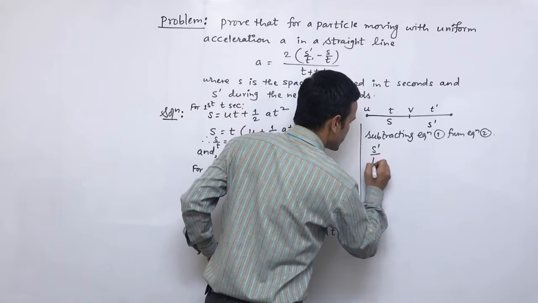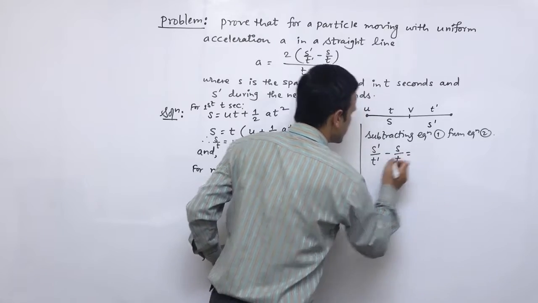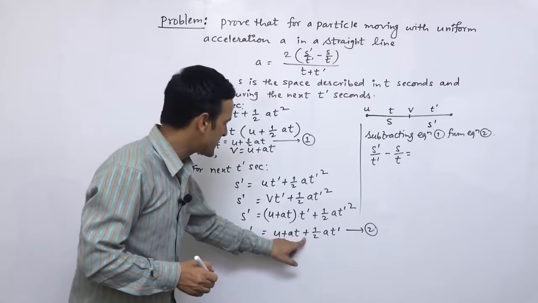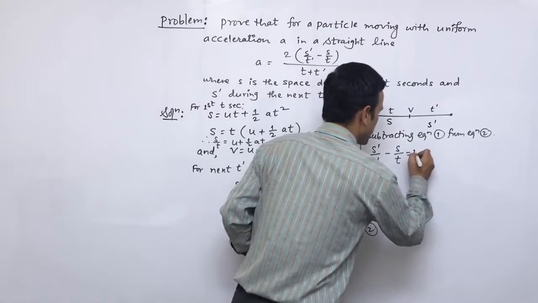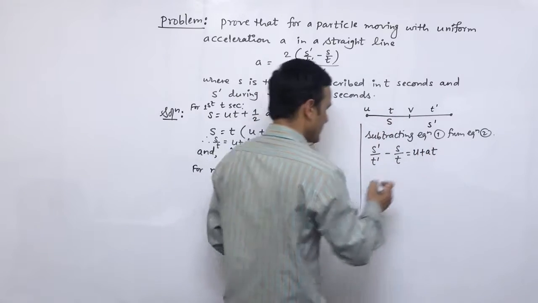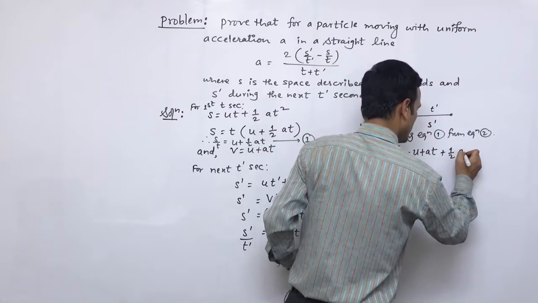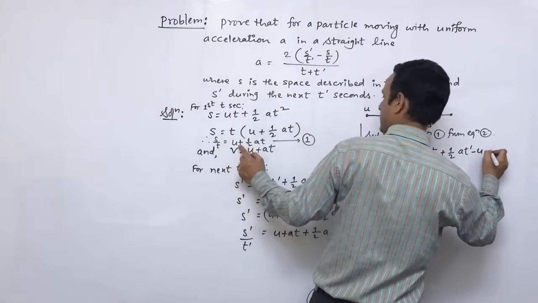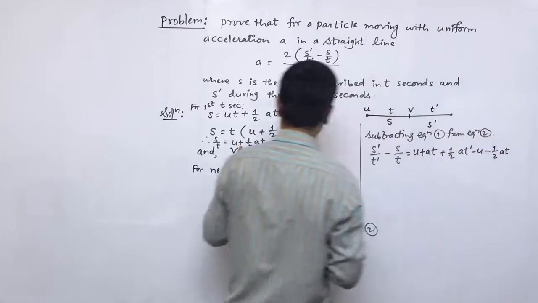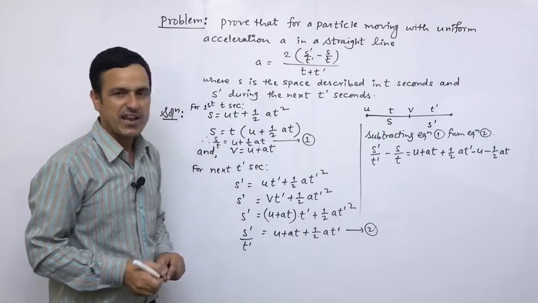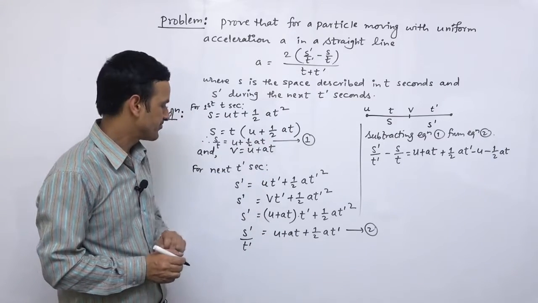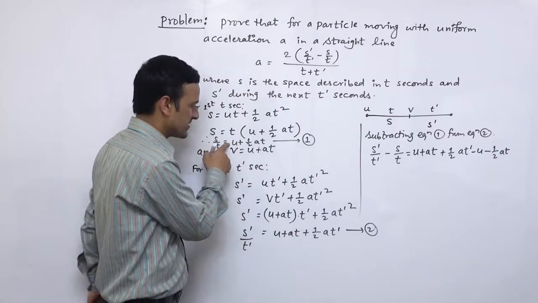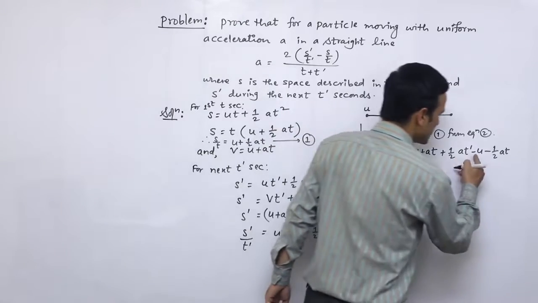So it is s dash divided by t dash minus s upon t, that means LHS minus LHS. Similarly, RHS minus RHS. Our RHS is u plus at plus 1 upon 2 at dash minus (u minus 1 upon 2 at). This is the subtraction rule, this minus this. After the minus sign the signs change.